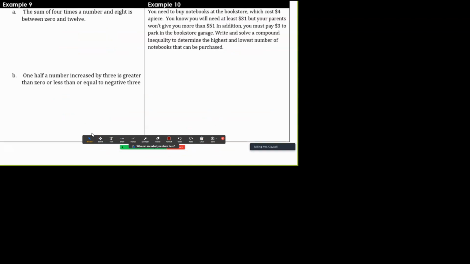The sum of 4 times a number and 8 is between 0 and 12. So I know my bookends are 0 and 12. 4 times the number and 8. I'm going to solve this. Okay, I just rewrote that higher, you guys.